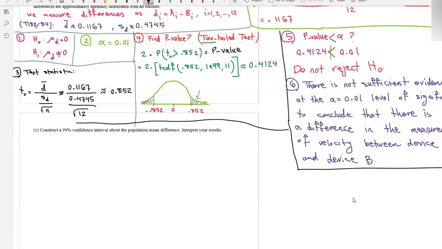Now, part C, construct a 99% confidence interval for the population mean difference.